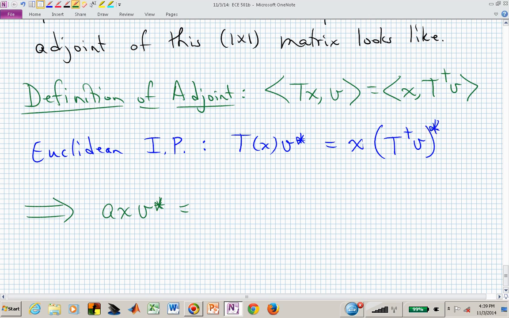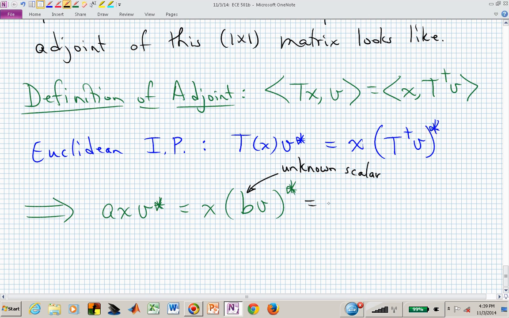Let's just agree that that's some B times V. And B we've yet to determine. So let's now say that that's x times some BV that we are conjugating. This B is an unknown scalar. That's what T dagger V produces, is BV. Is that okay? And we need to find what B is.